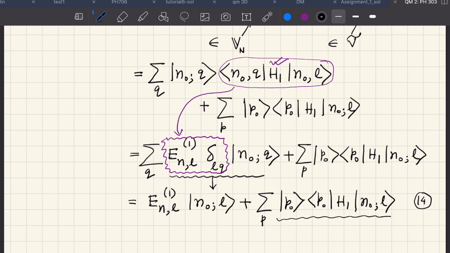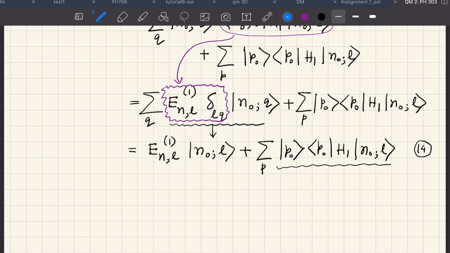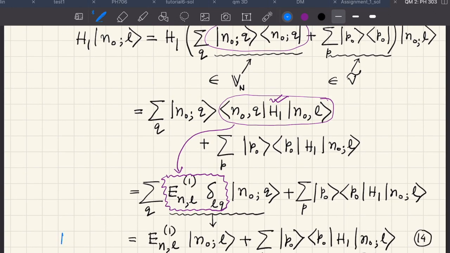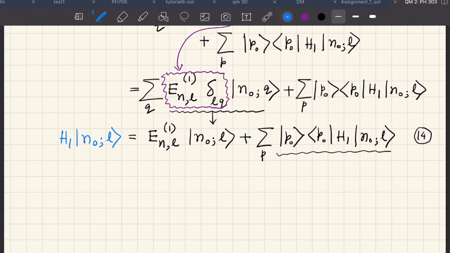This shows that the states N naught L are almost the eigenstates of H1 with eigenvalues equal to the first order energy corrections, and the failure is just by an extra state along V tilde. So this is very nice. What does this equation tell us? We have this perturbing Hamiltonian acting on N naught L, and the result we have obtained is equation 14.